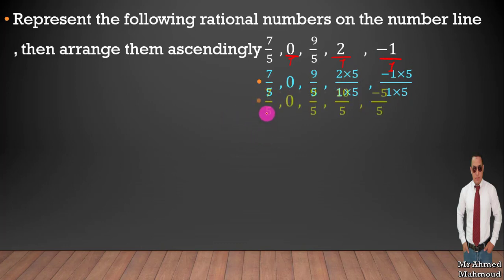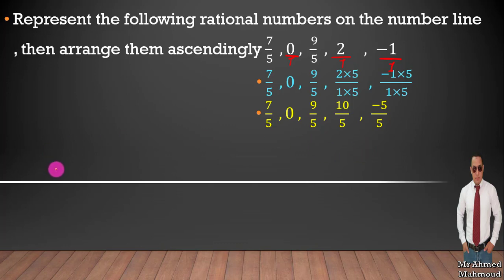The answers will be 7 over 5, 0, 9 over 5, 10 over 5, negative 5 over 5. Now it's easy to represent these numbers on one number line. Its denominator is 5, so it will be all of them over 5: 0, 1 over 5, 2 over 5 and so on.